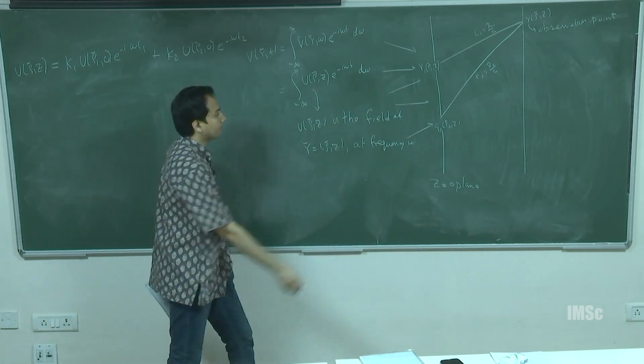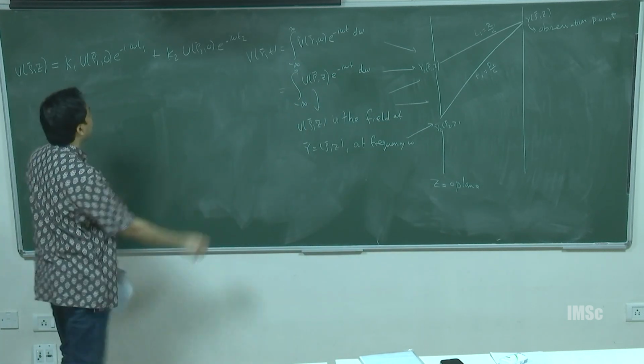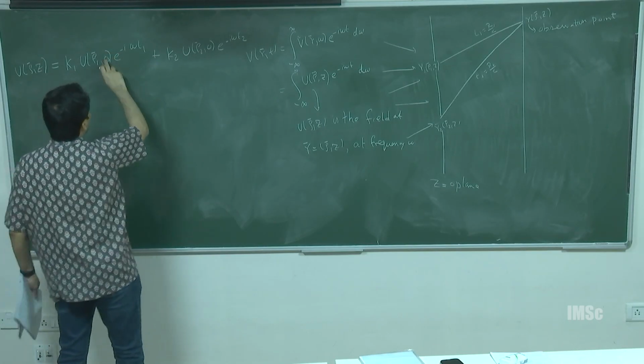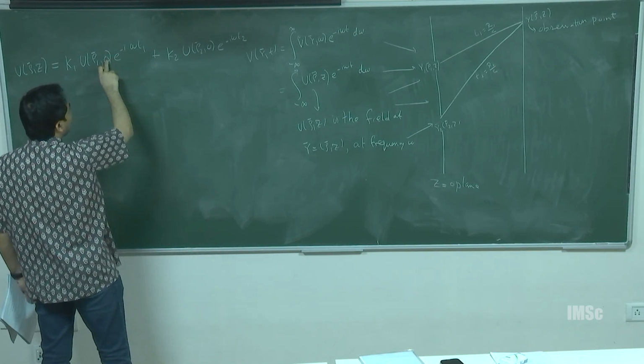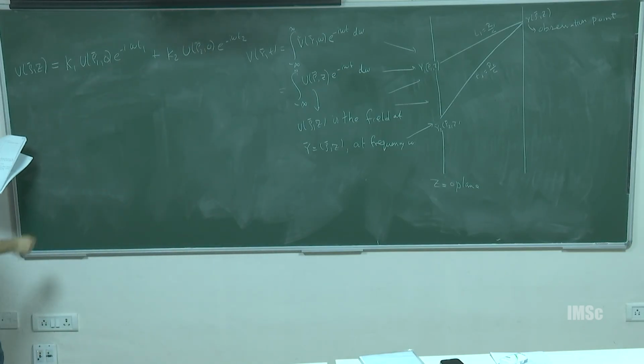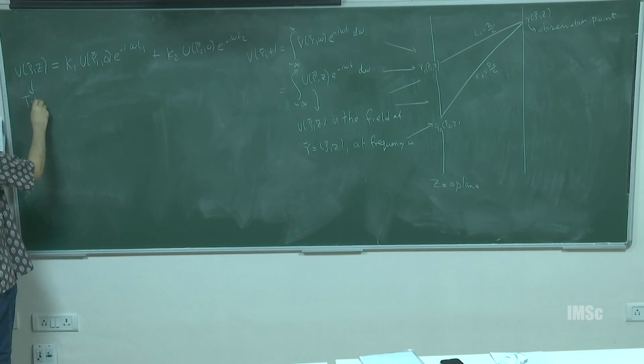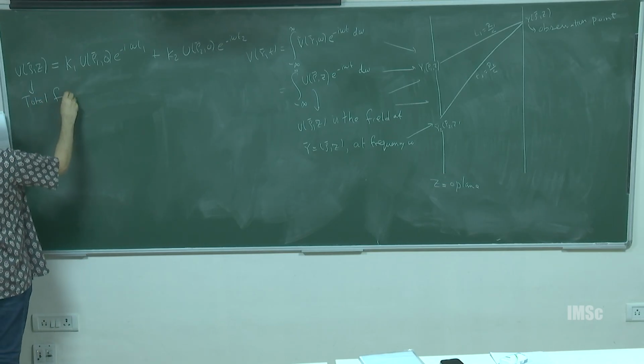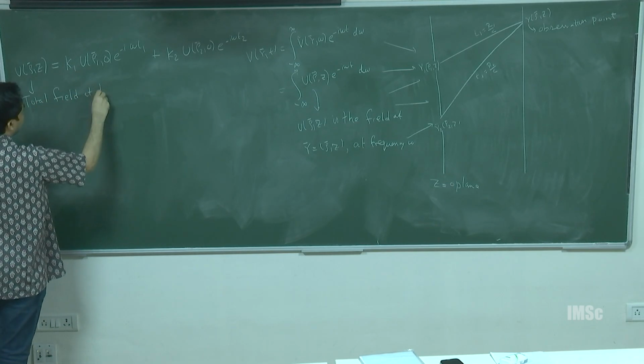So z is 0 at the source. Okay. That's why here we have put 0 at both the places. Okay. So this is the total field at the point of observation.